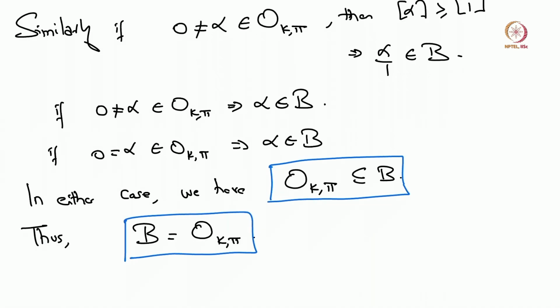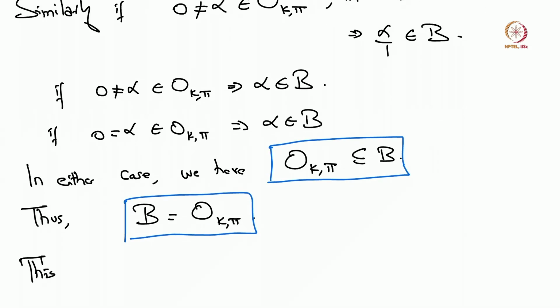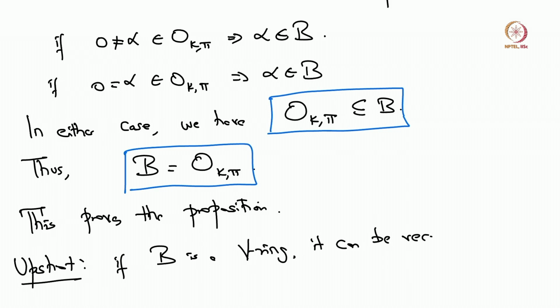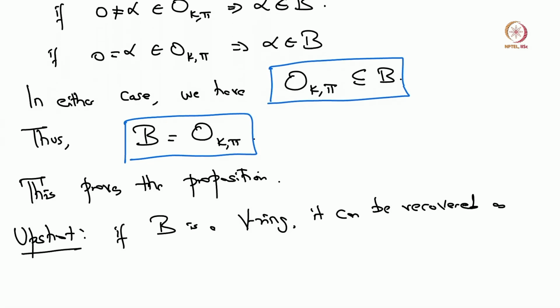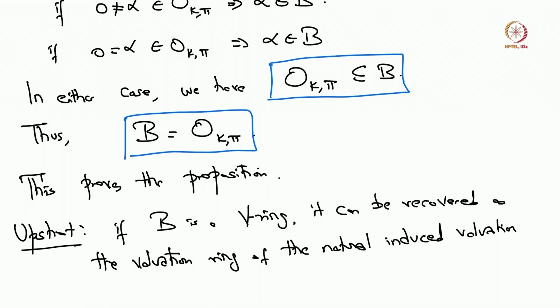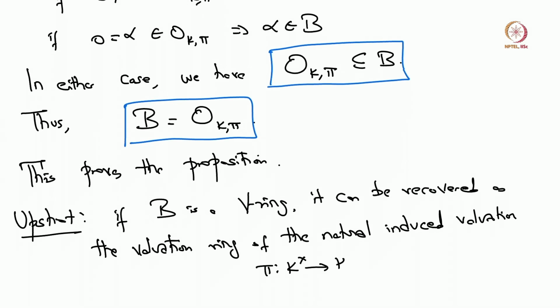Okay, so this proves the proposition, and the upshot is that if B is a V ring, it can be recovered as the valuation ring of the natural induced valuation pi from K cross to K cross mod B cross.